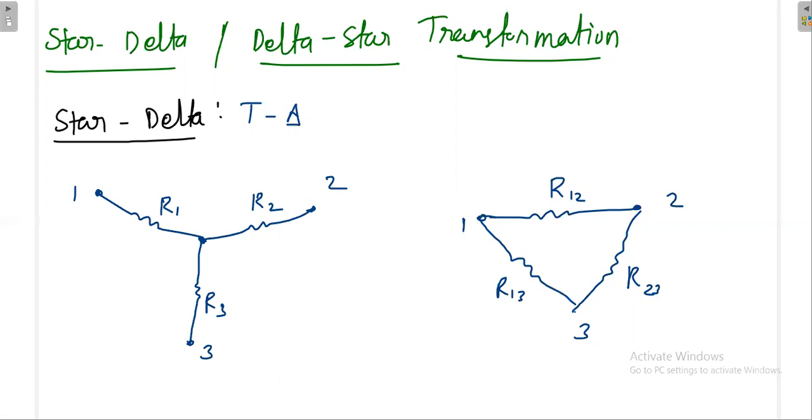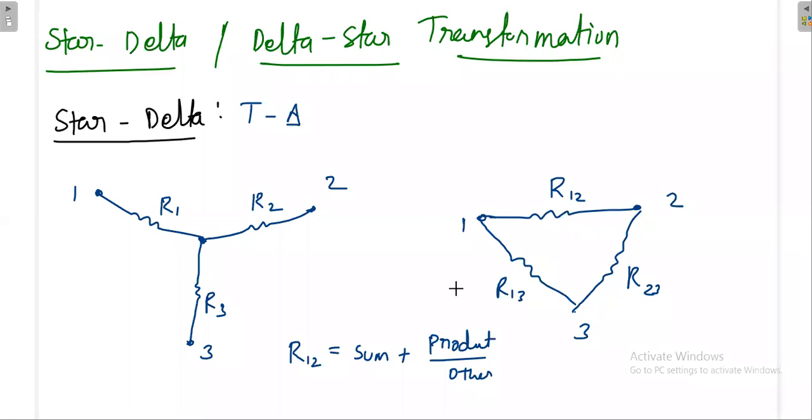If you want to calculate R12, simply remember this structure: sum plus product divided by other.